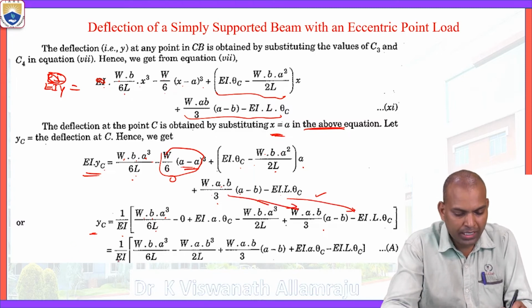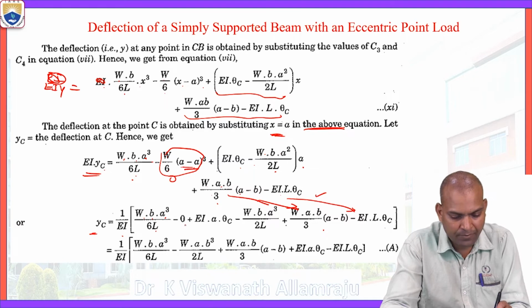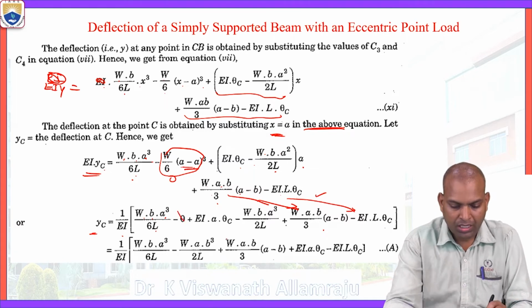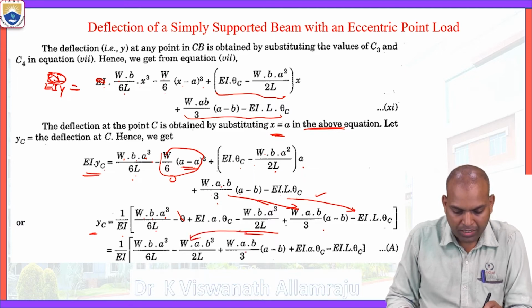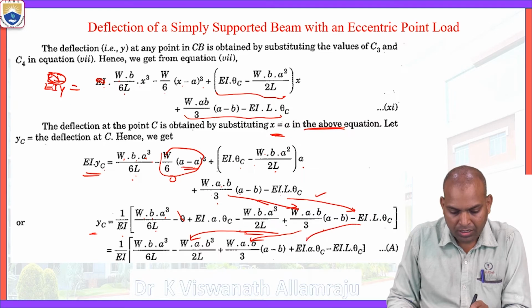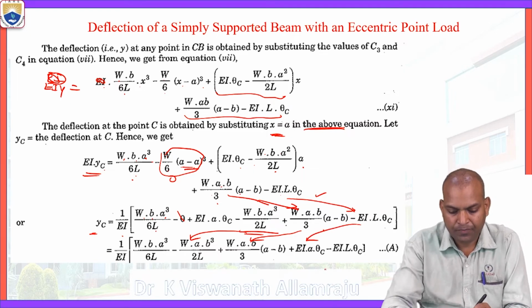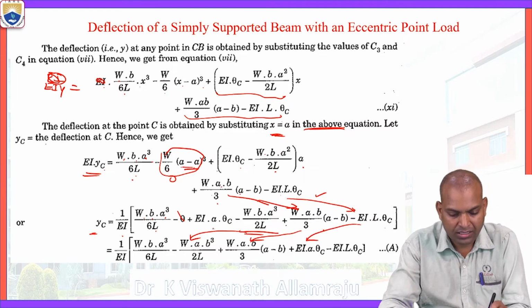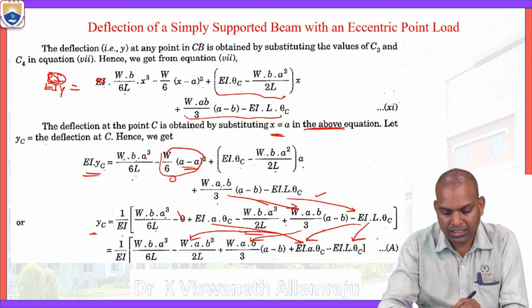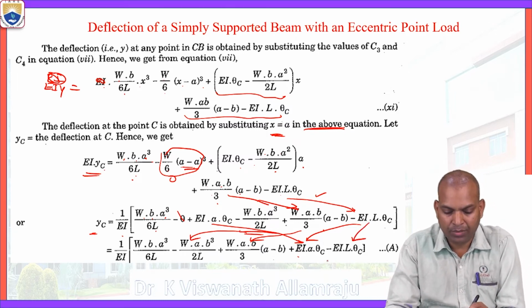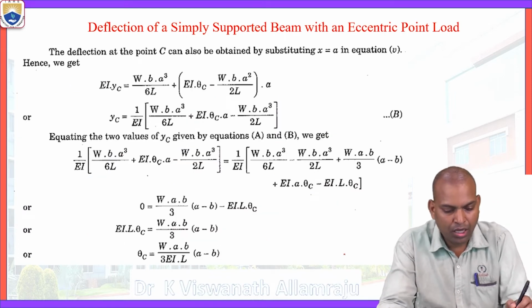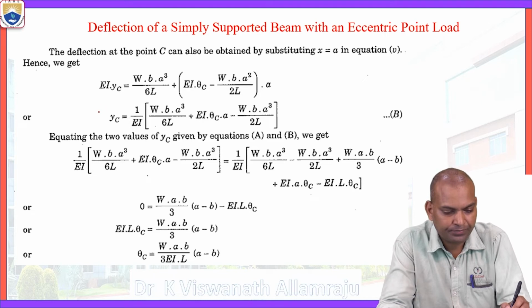Now 1 by EI, WB A cube by 6L, another term is WAB cube by 2L, and WAB by 3 times (A minus B). This is EI times A theta C, and this is L theta C. Now what is common here? EI theta C is the common, that is (A minus L). Now further simplification.